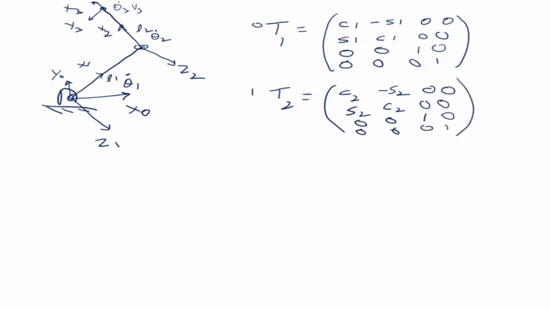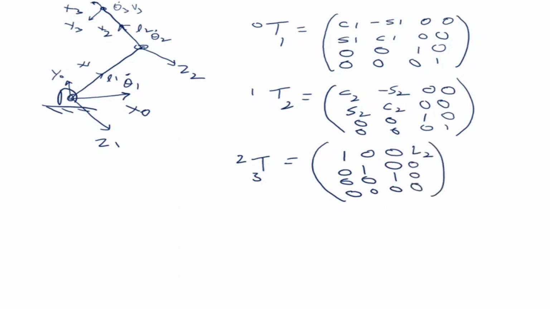And for the third one, please look at the third axis and the second axis. The z's are parallel, and the x's are in the same direction. Because x2 and x3 are in the same direction, we have the matrix 2 to 3 as 1 0 0, 0 1 0, 0 0 1, which is the identity matrix, and there is a shift only of L2 in the x direction.